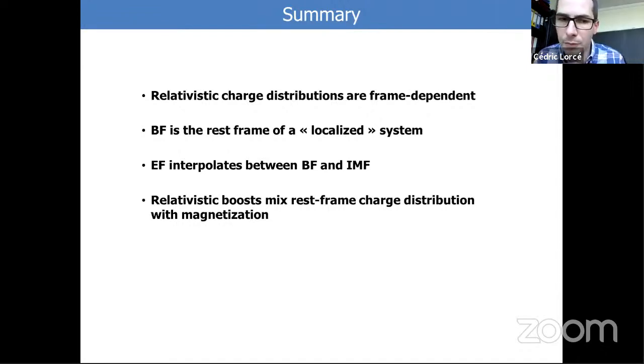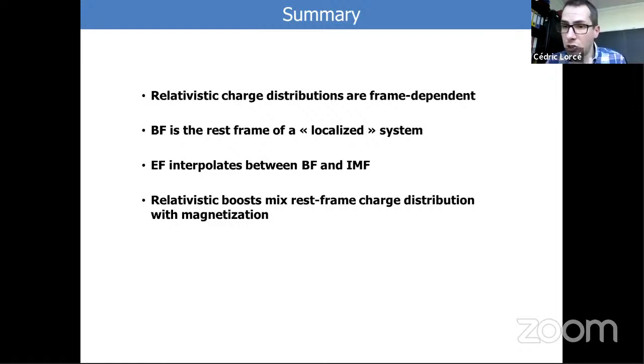And what is usually called the Breit frame can really be thought of as the rest frame of a system, if you think of the system as also localized in position space. In that case, you have to have a compromise between position and momentum, and the Breit frame gives you the best compromise for having a localized system around the origin with average momentum equal to 0.